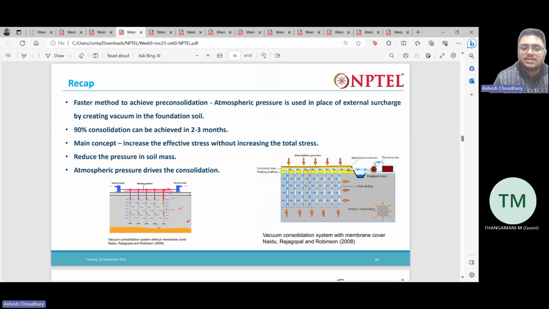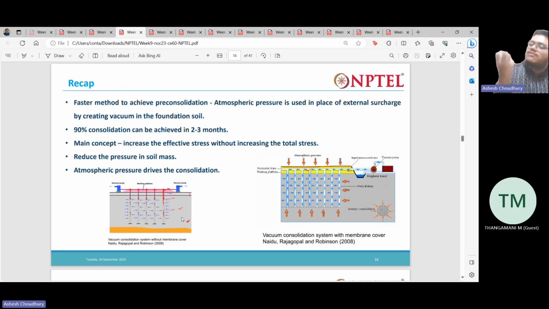So this topic we discussed. What is the benefit of applying vacuum pressure? At all the depths we have a uniform increase in effective stress. At all the depths there will be the same increment of effective stress. Contradictory to that, if we increase the effective stress with preloading with surcharge, by applying some load over the soil, at the top portion the increase in effective stress will be higher, then it will reduce as the depth increases.